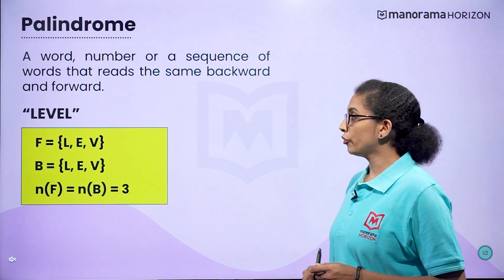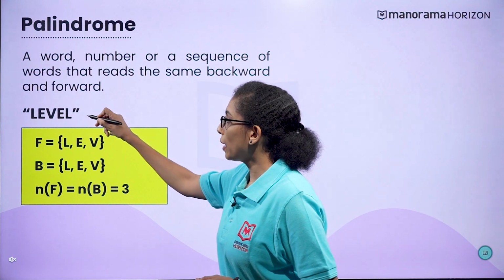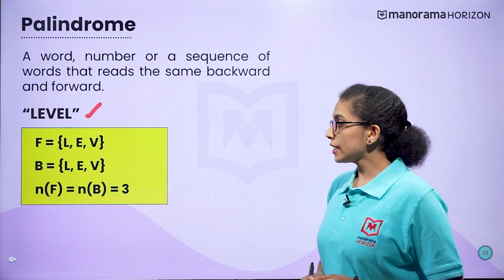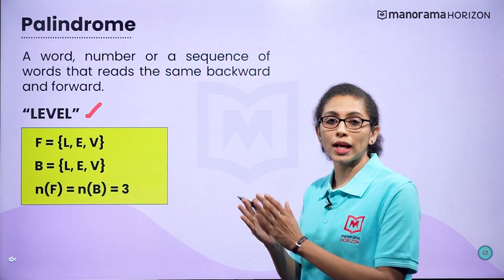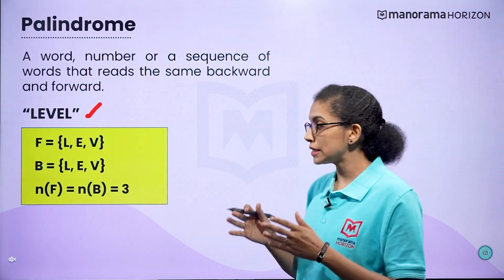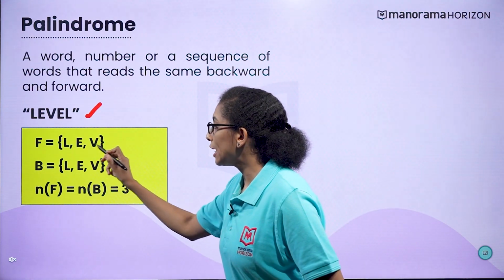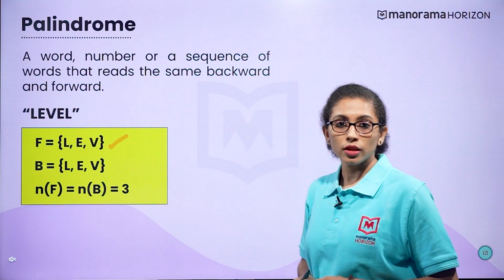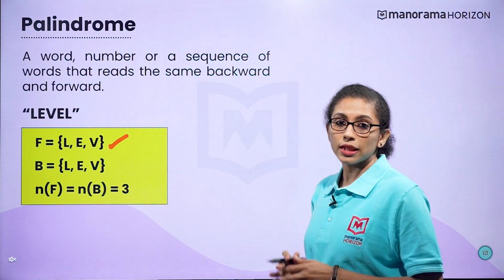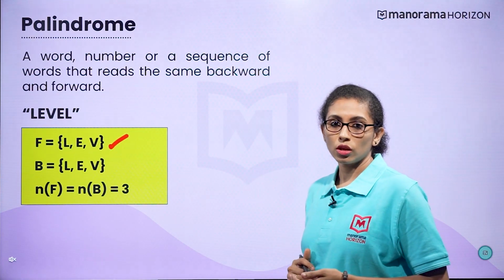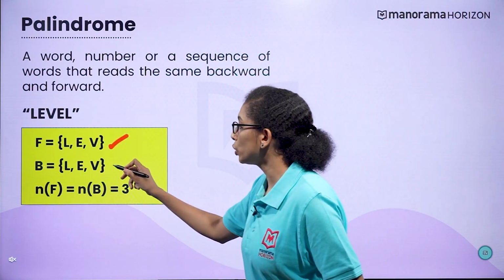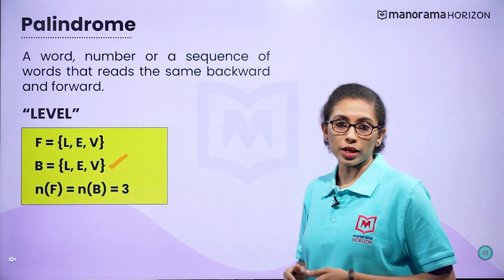Check whether the word LEVEL is a palindrome. Set F represents the set of letters of the word in the forward direction. So we get F = {L, E, V}, right? Set B represents the set of letters of the word in the backward direction. So what is B? B = {L, E, V}.